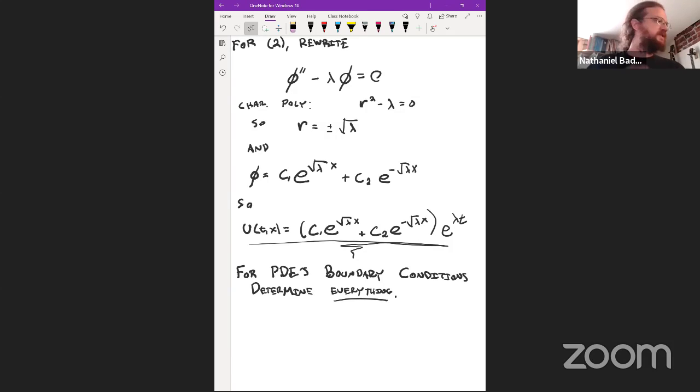So this is a kind of classic heat example called the homogeneous boundary conditions. So the heat equation with homogeneous boundary conditions.